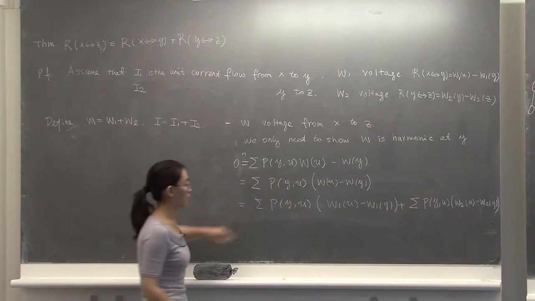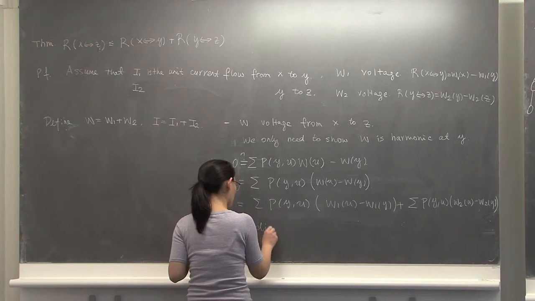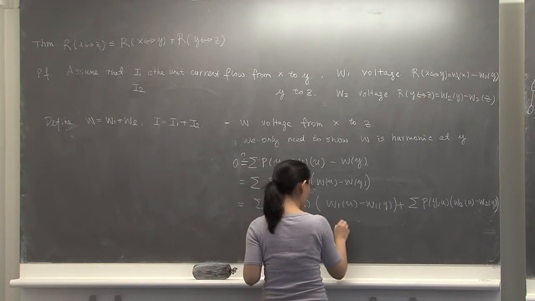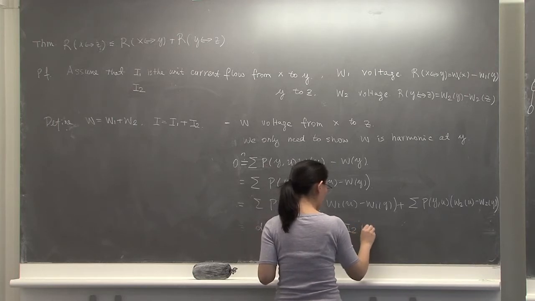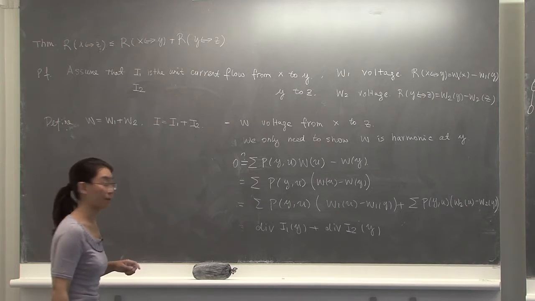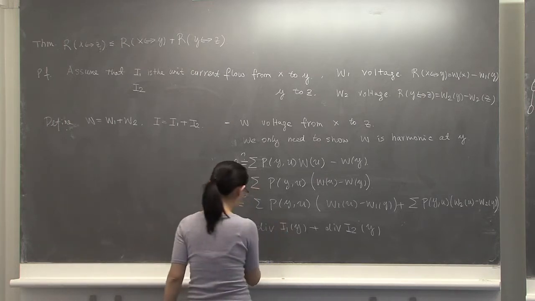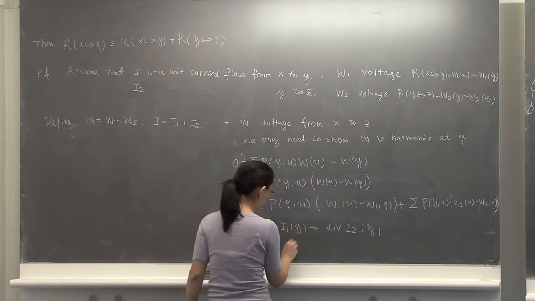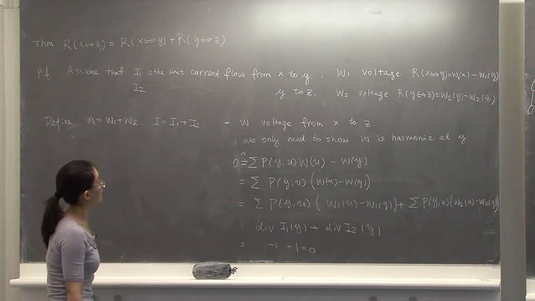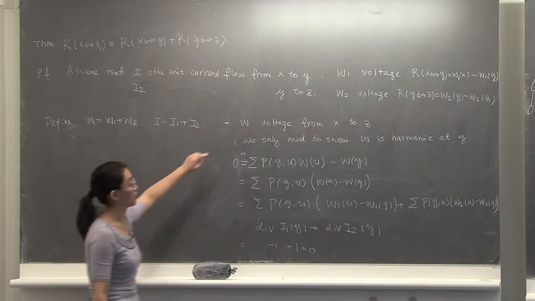The first expression corresponds exactly to the divergence of I1 at y, and the second expression corresponds to the divergence of I2 at y. Now we can conclude that because this is -1 and this is +1, the sum of the two is 0. So this shows that W is also harmonic at y.